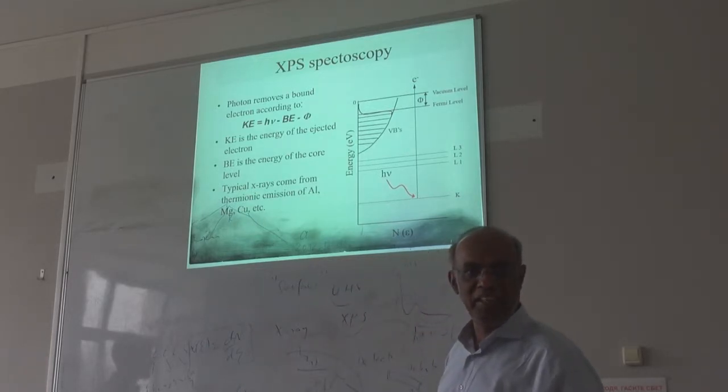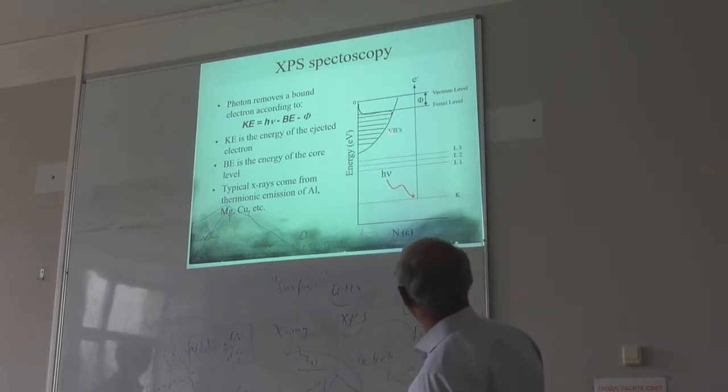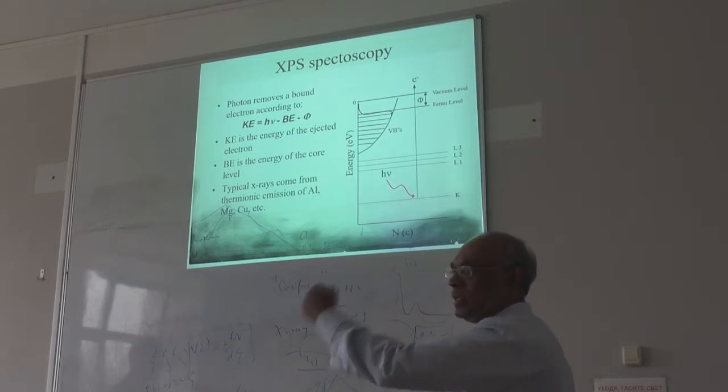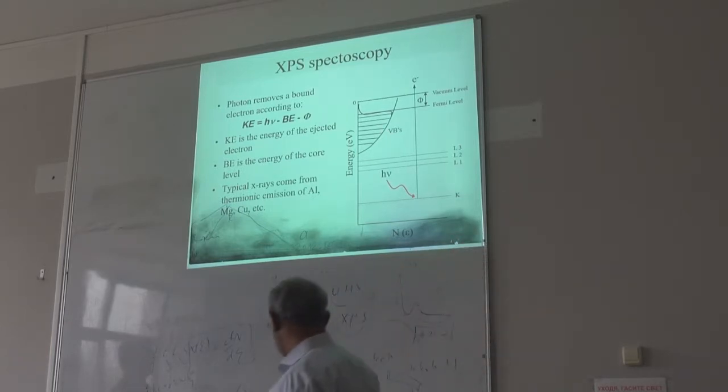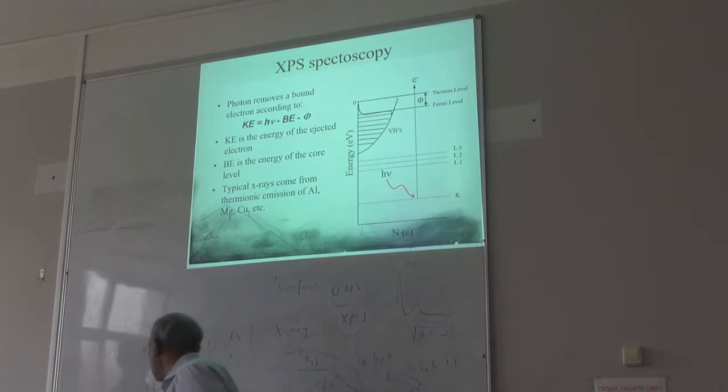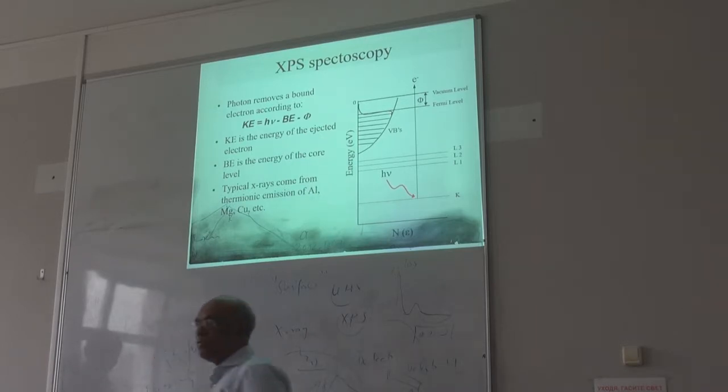Everybody is familiar. So if you look at the valence band, we have these occupied states up to the Fermi energy, right? I don't know if the people know. If you take the valence band, you have states filled up to something called Fermi energy.